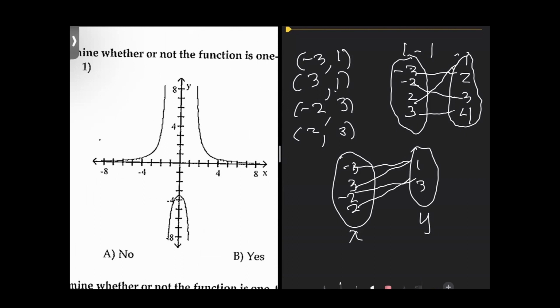In order to be an inverse function, it needs to first meet the criteria of one-to-one. So if it's not one-to-one, then you cannot create an inverse function. But if it's one-to-one, then you can create an inverse function.